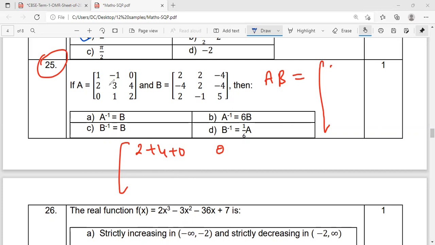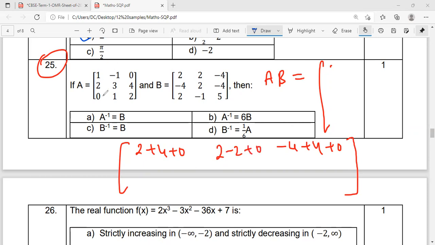And then the third one: 1 minus 4 plus 4, 0. If you wish, you can write all that down. In the second one you got 2 minus 2 plus 0.